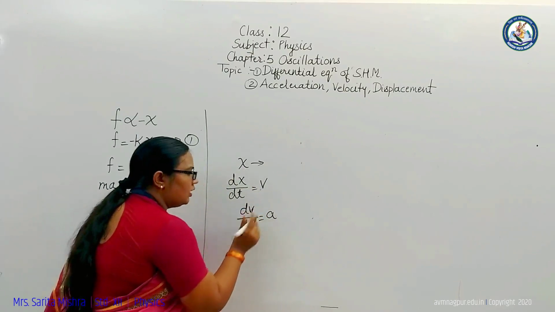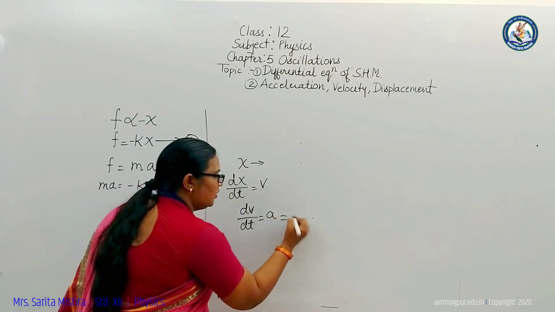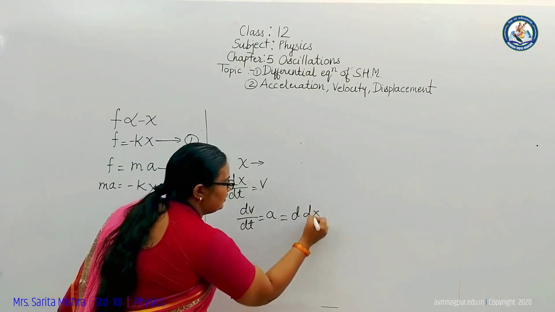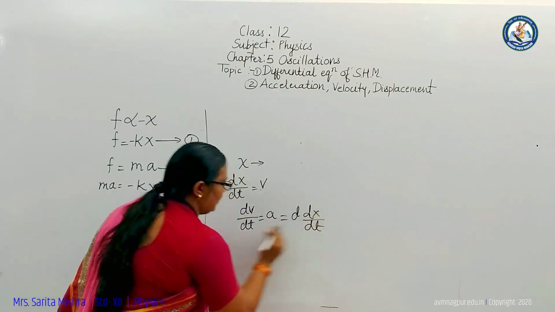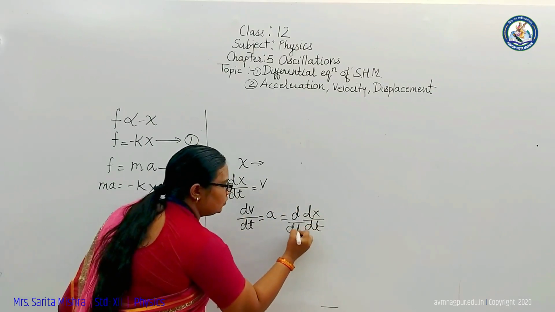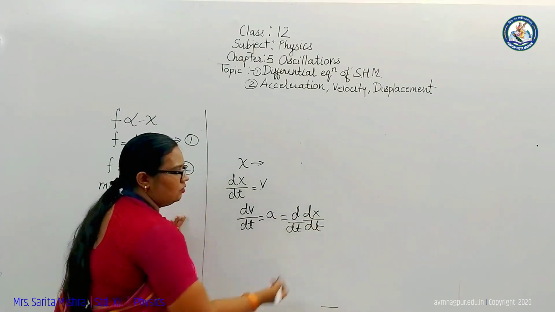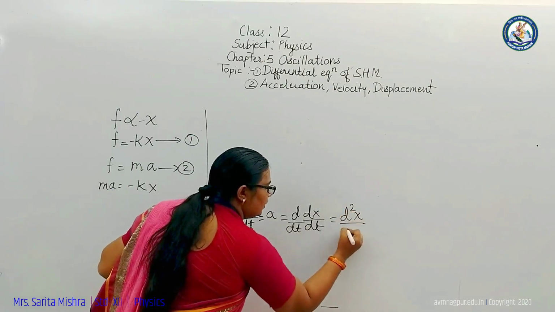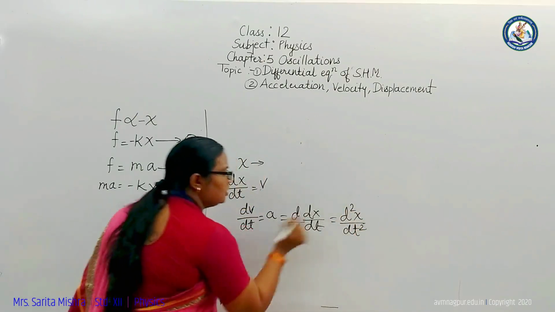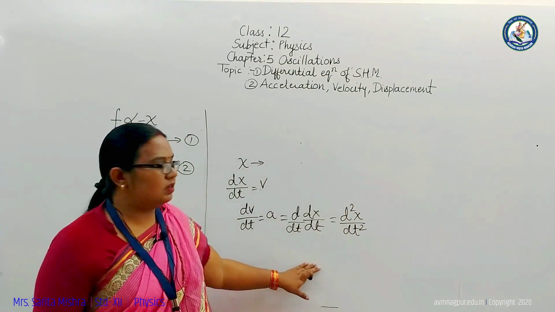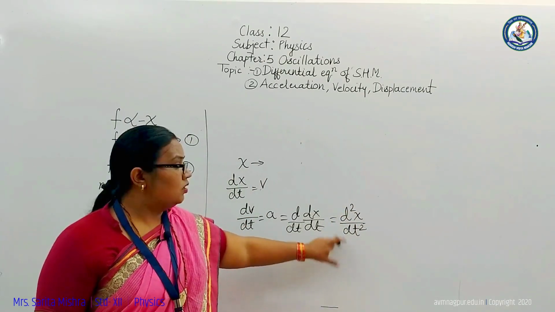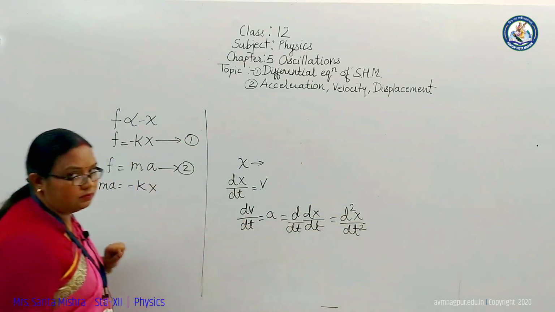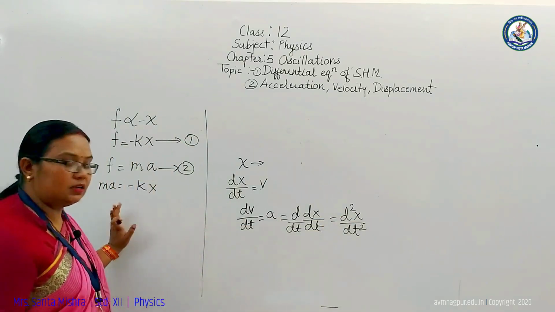So when we put this in place of v, acceleration is d by dt of dx by dt, which changes to d2x by dt square. So acceleration in the form of x or displacement is the double differentiation of the position of the particle.